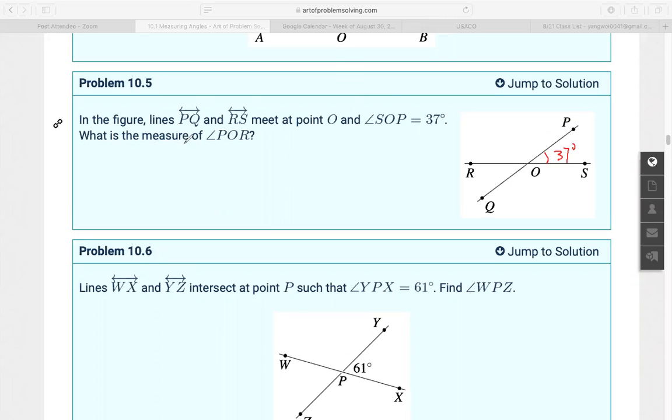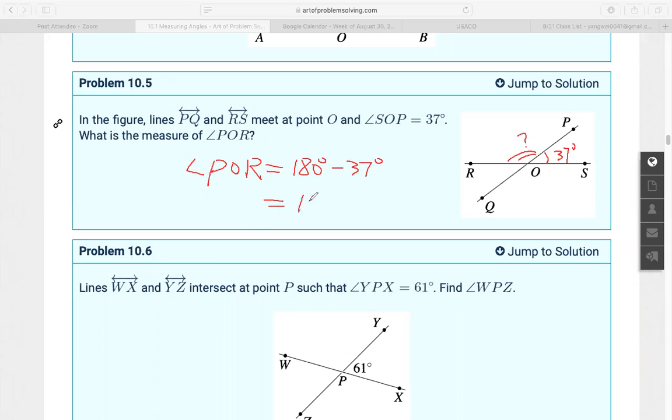Then they ask you, what is the measure of POR? POR, this angle equals what? Okay, Sophie got it correct. Julia got it correct. You know, this angle POR equals 180 degrees minus 37 degrees.